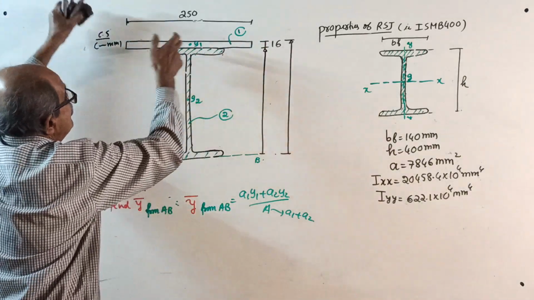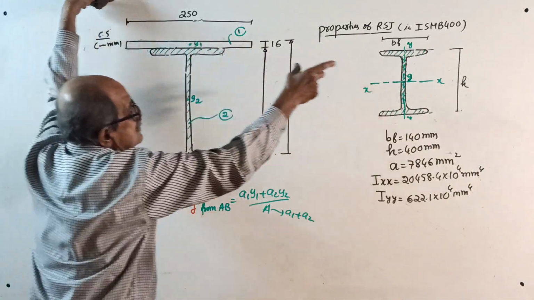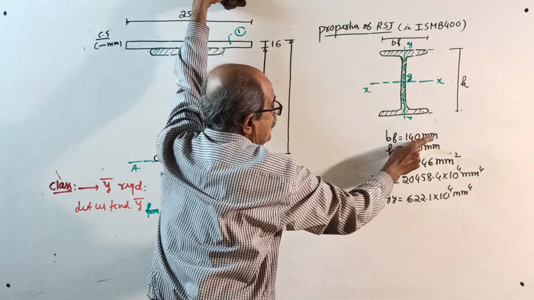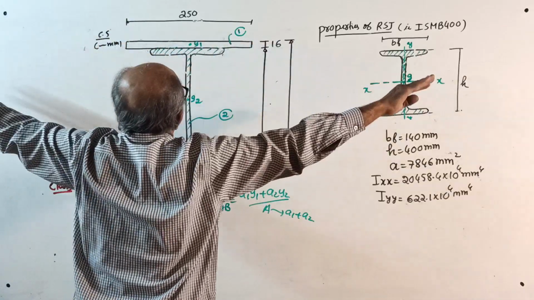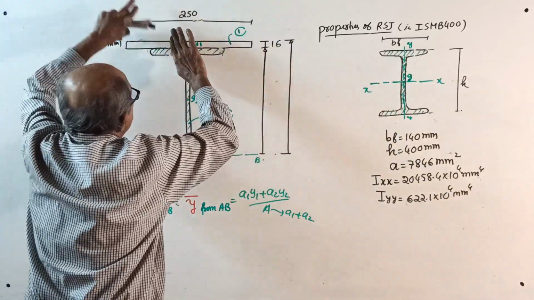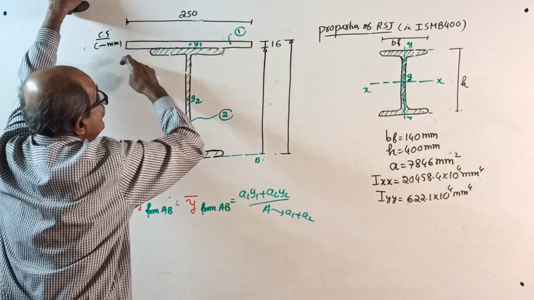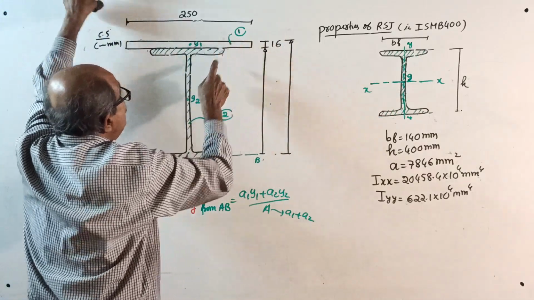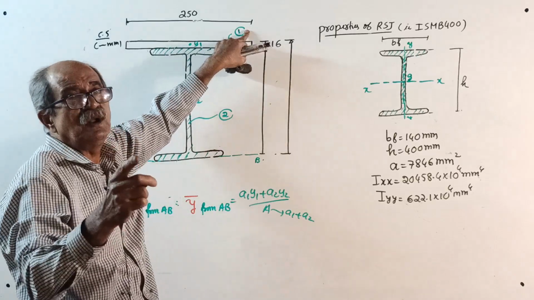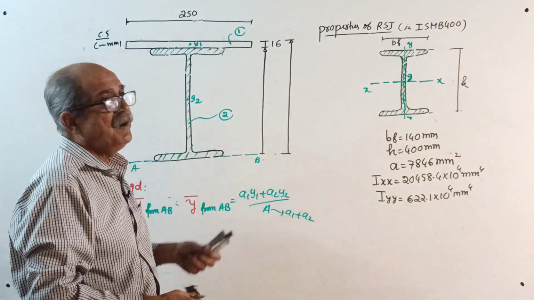Okay, see now. This is the width of the flange. Breadth of flange is 140 mm. So the plate will come outside. It is symmetrically placed, understood. This is a rectangle. I will take this rectangle as part 1. Now we will divide the entire cross section into 2 parts.